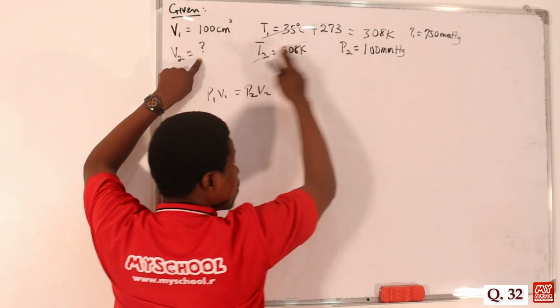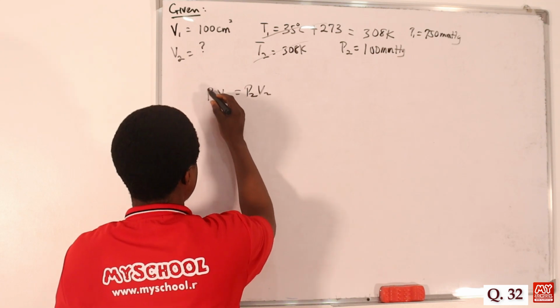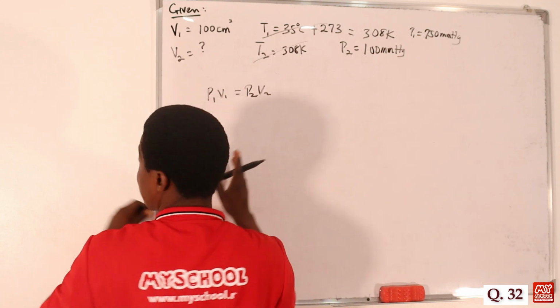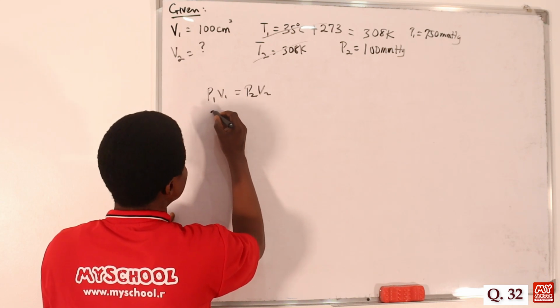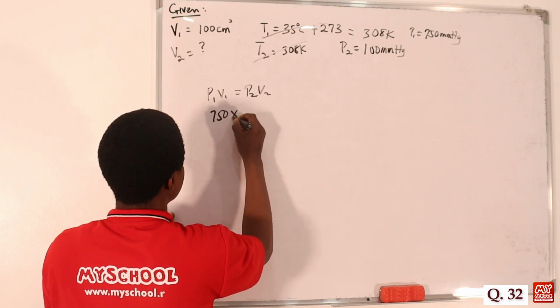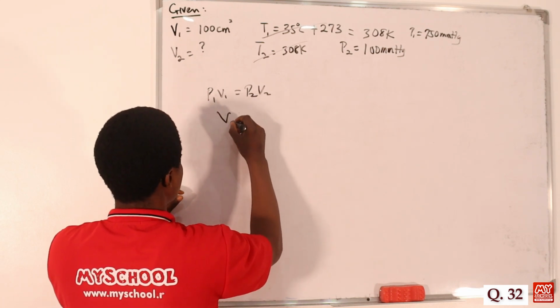Then V2 will be the same, 750. But let's try it so that we can see. So that is working smart. If you do that, you just pick 750, you pick the answer. But let's go with this. P1 is 750 times, I think we can just go ahead, since we want to find V2, so we can make V2 the subject of the formula.